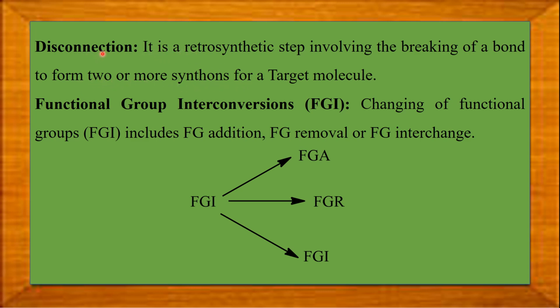So, disconnection is an imaginary, hypothetical disconnection of a bond in the target molecule to get as many synthons as possible. The word functional group interconversion, FGI, means changing of functional group, which includes functional group addition, removal, and interchange.